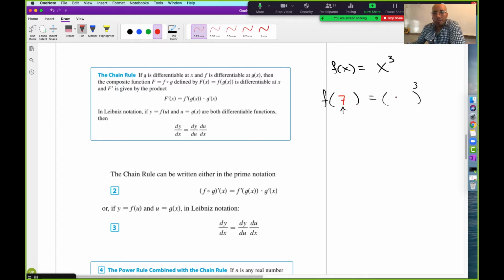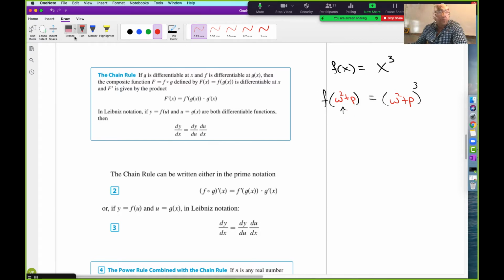Okay, I input 7, so 7 gets cubed. It could be a function on its own. It could be that maybe the input is w squared plus p. Okay, well then w squared plus p gets cubed. That's what the f function does. It's going to cube whatever you input into there.